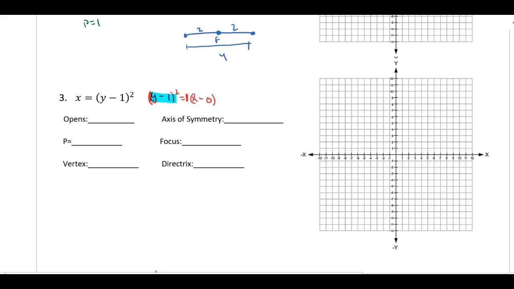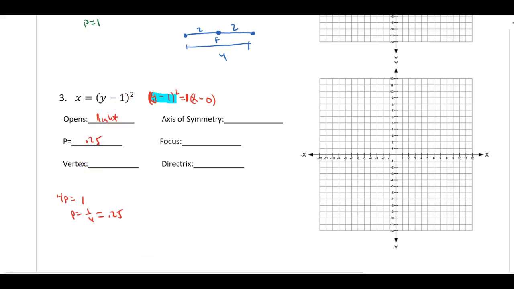And 4p would actually be that number 1 in front, because if I distribute 1, it doesn't change its value. So, since it's y squared, I know it's going to open right or left. Since 4p is positive 1, it's going to open right. If 4p is 1, that means p is 1/4 or 0.25 again.